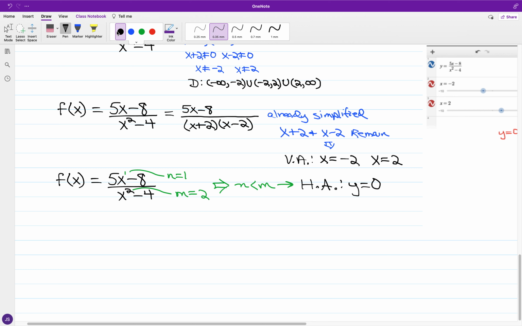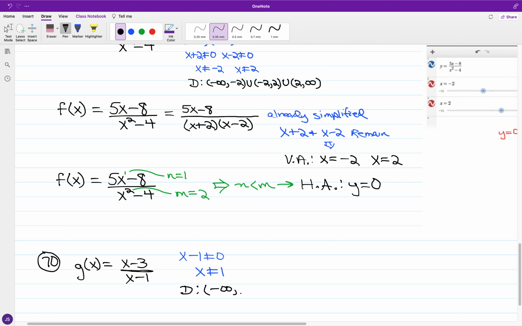For number 70, we have the function g of x is equal to x minus 3 all over x minus 1. Just for the restriction, the denominator cannot be 0. So x cannot be 1.